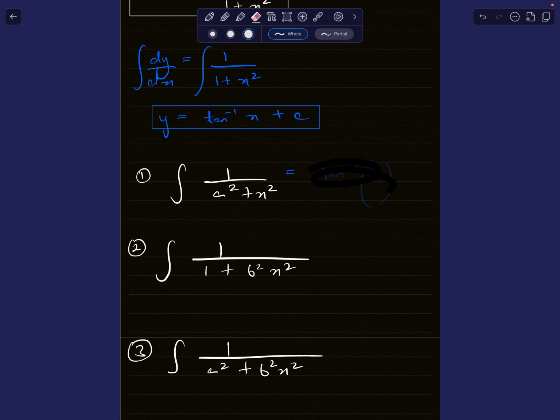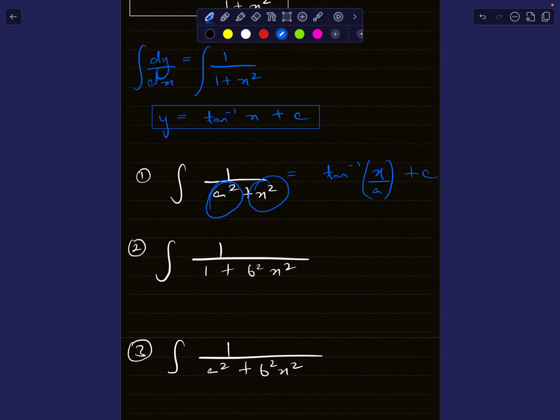I start off again since things are getting messed up. So the first thing is to identify that it's going to be in terms of tan inverse. We're going to have a plus c and something inside tan inverse. So the second thing in the denominator always goes in the numerator. The first thing in the denominator always goes in the denominator. Alright.